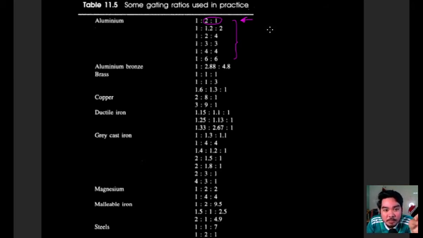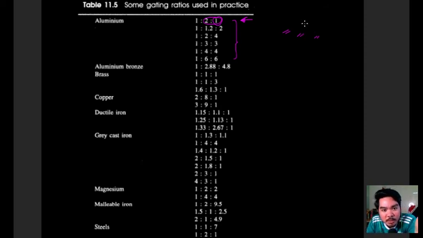Again, note that this last value is the in-gate. Tama? So the in-gate itself is what enters our mold cavity. So the in-gate is the more important value to look at when we talk about pressurized and unpressurized systems.